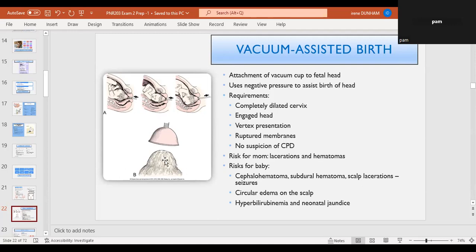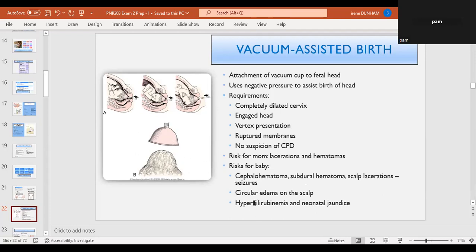Now, the risks for babies: we talked about the cephalohematoma, and subdural hematomas, which is never good. And then you have scalp lacerations. And I hate to tell you, but if you don't do this right, you can cause a seizure in a baby. So we have to be very careful. You can see the circular edema on the scalp. You could have a septal hematoma, which is never nice.